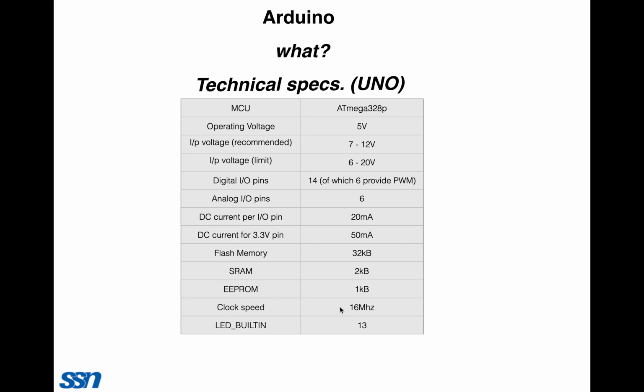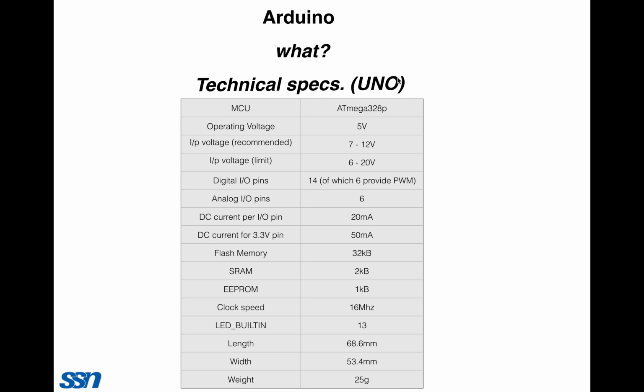LED built-in is at 13, which refers to the pin number to which the onboard LED is available in the Uno. And the dimensions are length 68.6 millimeter, width only 53.4 millimeter, and the weight is 25 grams.